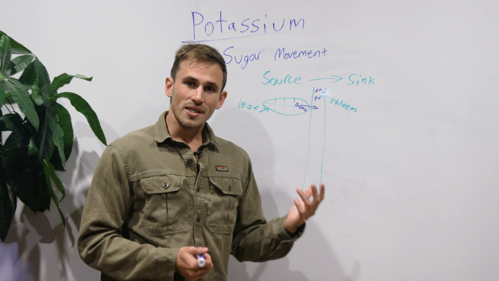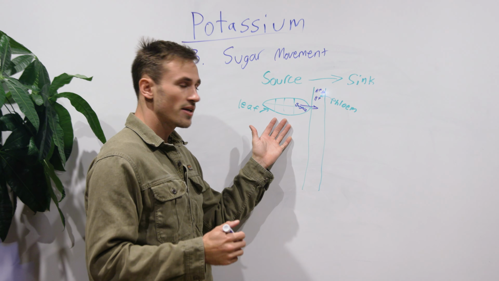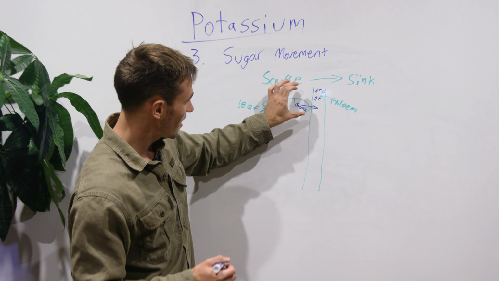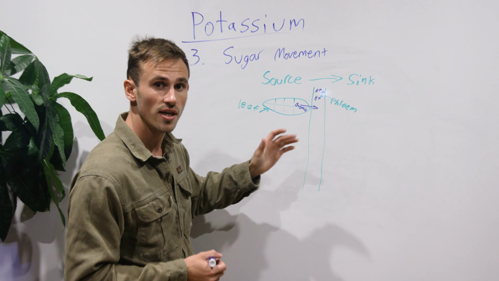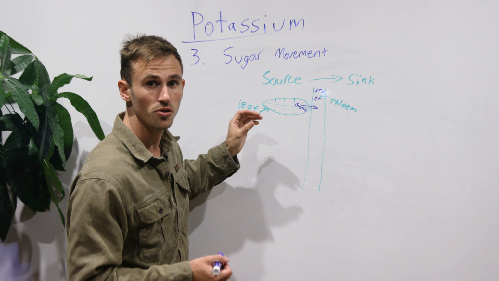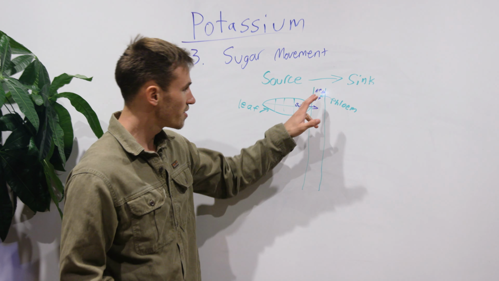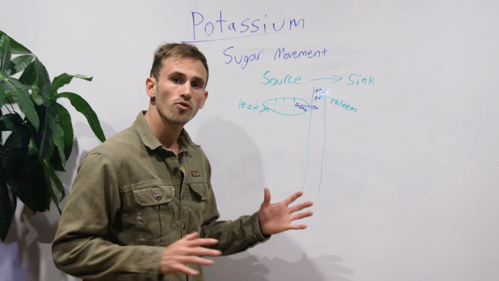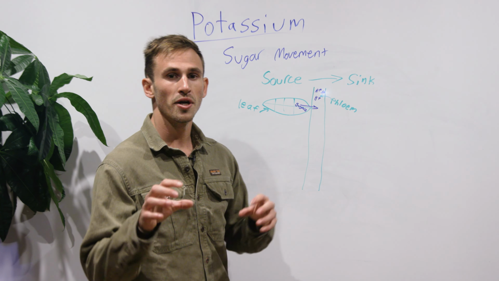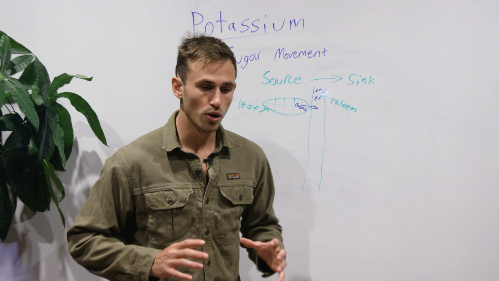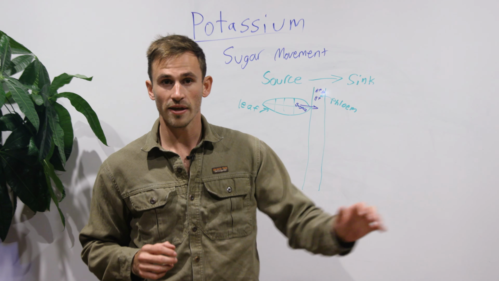Now, if we don't have enough potassium, then our sugars can accumulate in these leaves because we can't create this pressure difference in the phloem, and so then our sugars aren't going to move into the phloem to be moved to those sink organs. So these potassium ions are all over the plant and creating these pressure differentials to push different things where they need to go.